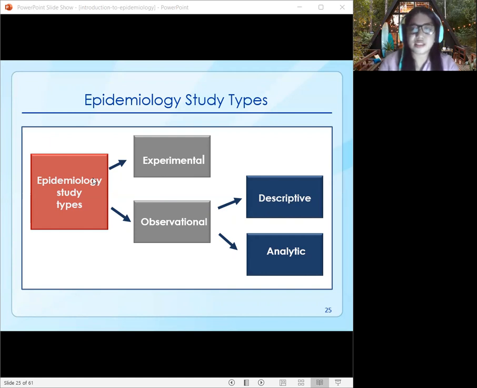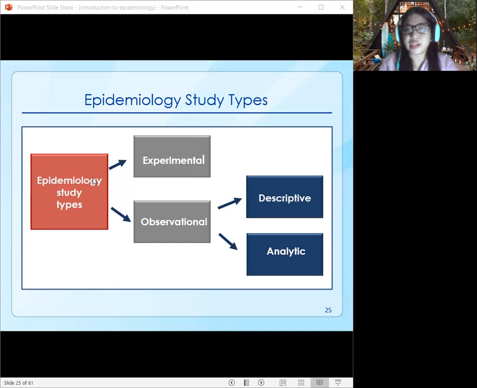These studies can be further subdivided into two: descriptive and analytic. Descriptive epidemiology is the more basic of these categories, and it is fundamental to what epidemiologists do.